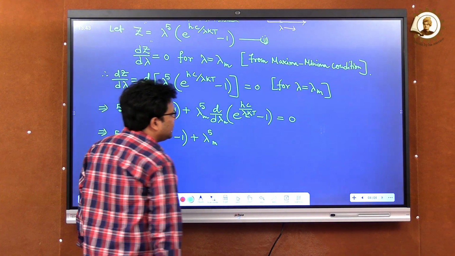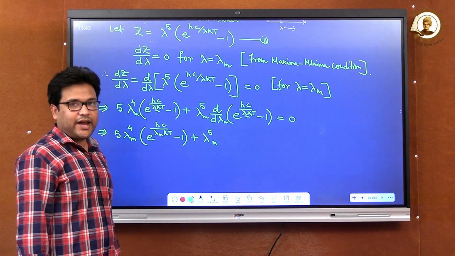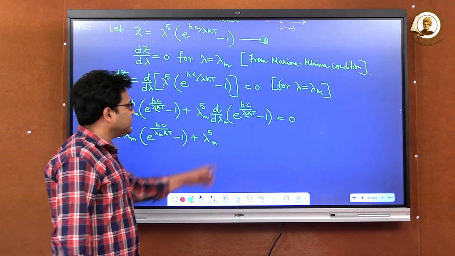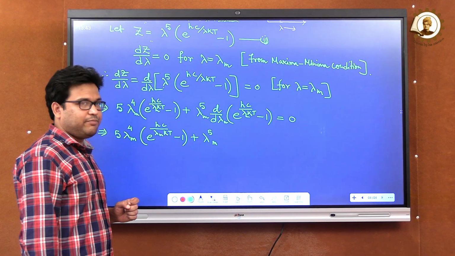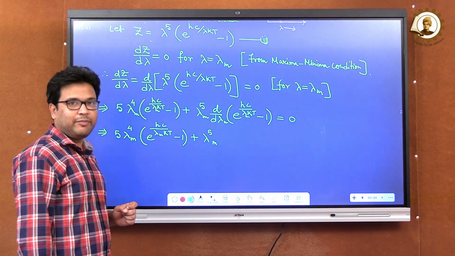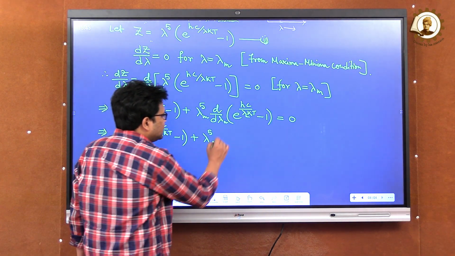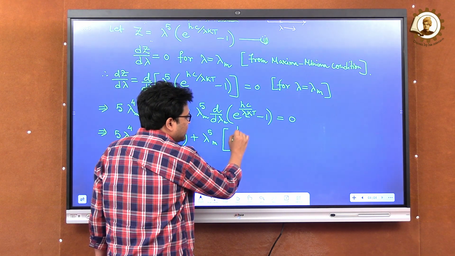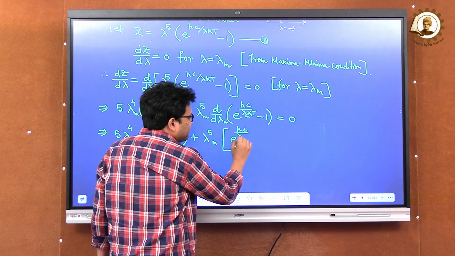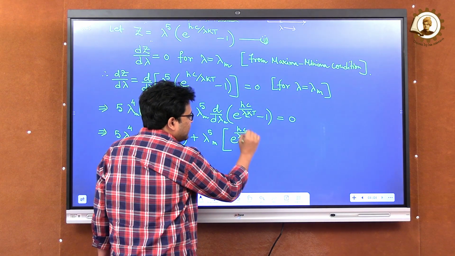We all know that when we differentiate an exponential function, the exponential function remains invariant. So we have e to the power hc by lambda m kT.